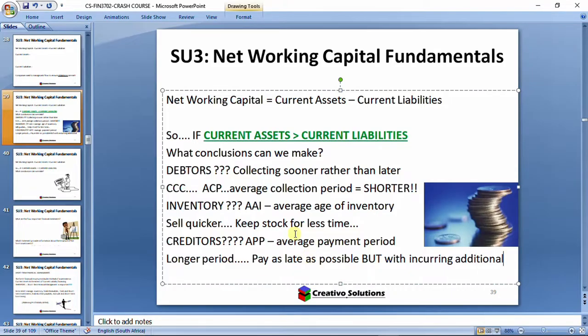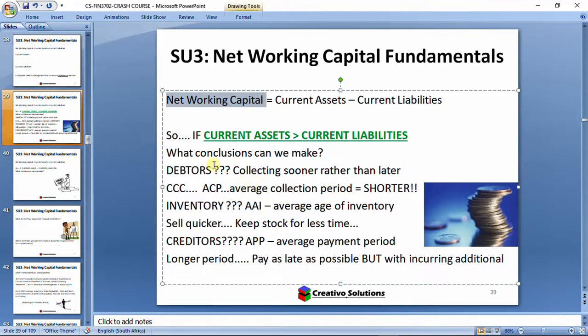If someone gives you 30 days to pay, pay them on day 29. If someone gives you 60 days to pay, pay them on day 59. Please don't pay them late, because you're going to get charged interest, fees and penalties, and that's going to make the working capital even worse.